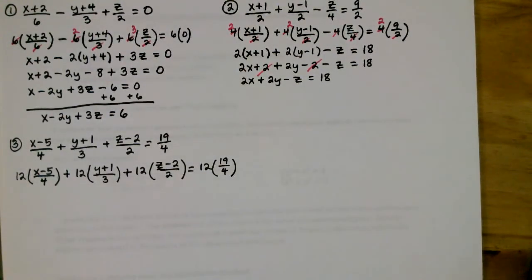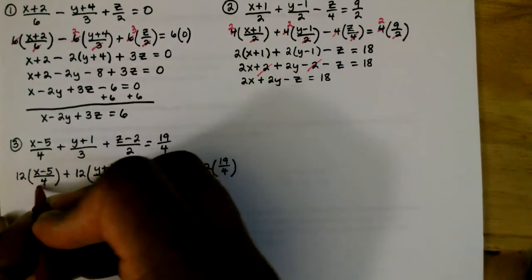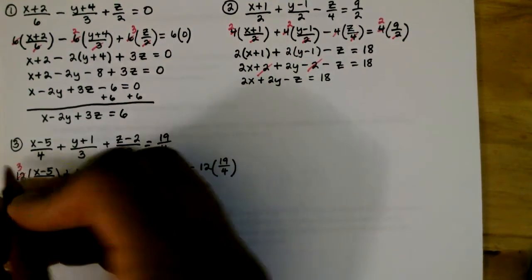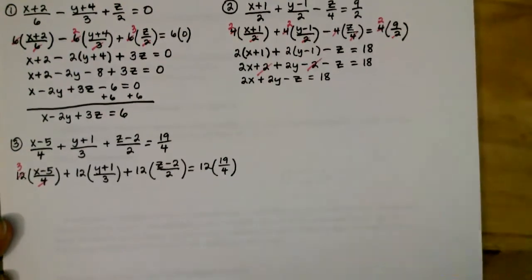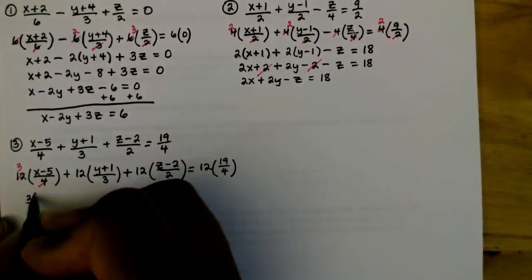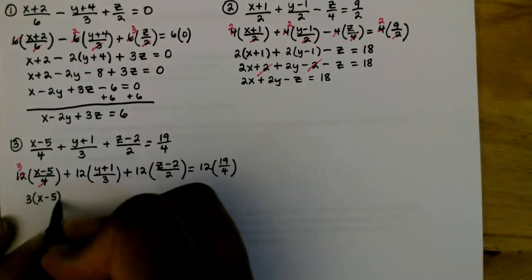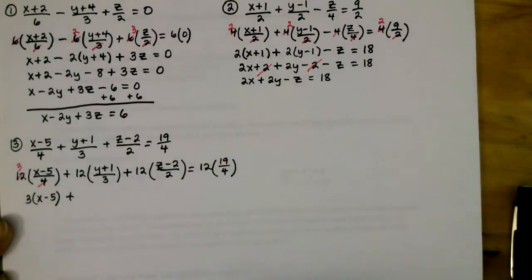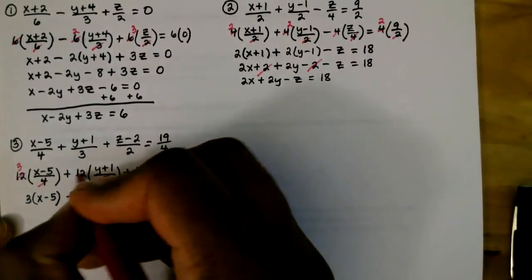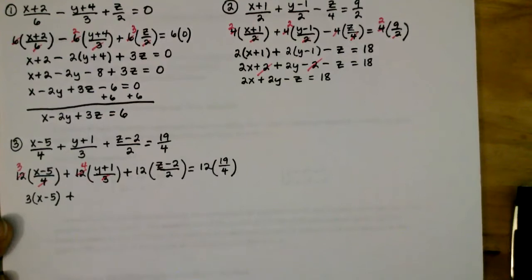All right, now I'm going to simplify all of this. Let's see, 4 goes into 12 3 times. So I'm going to have 3 times the quantity x minus 5, plus, if I divide 3 into 12, that goes 4 times.